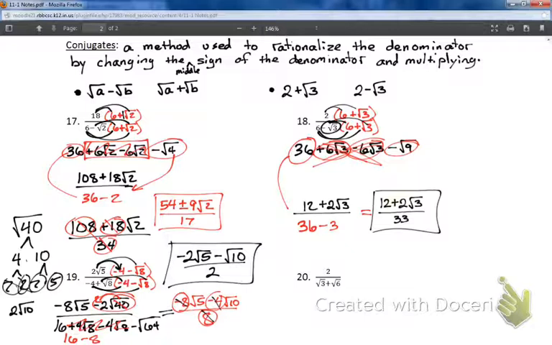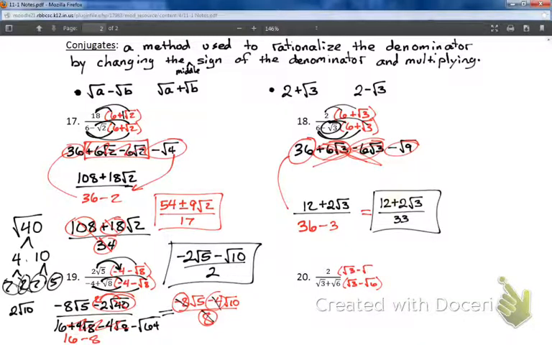Alright, last one. Number 20. The conjugate of root 3 plus root 6 is root 3 minus root 6. So root 3 minus root 6.